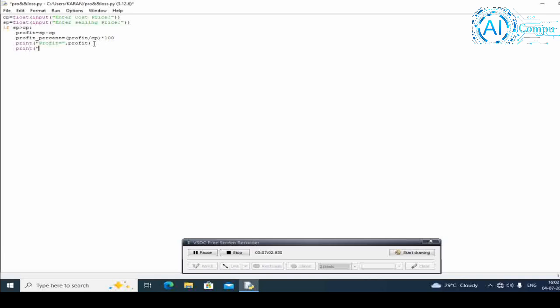percentage equals to. So this time the profit percent value will be printed here.